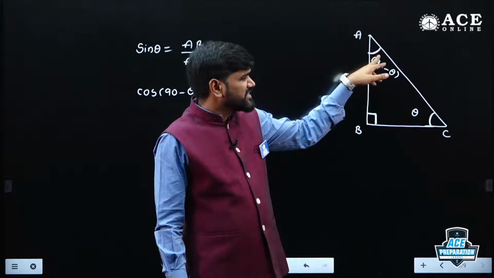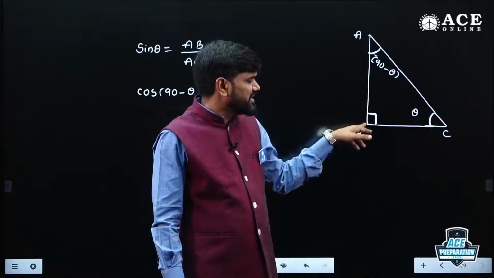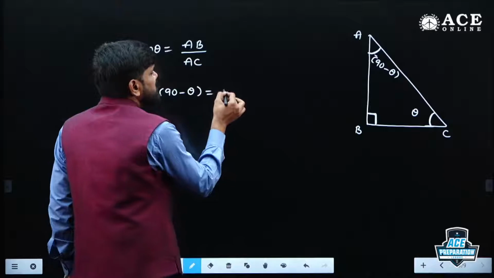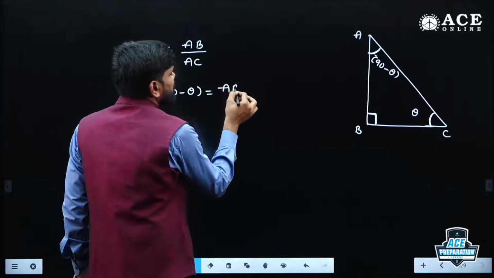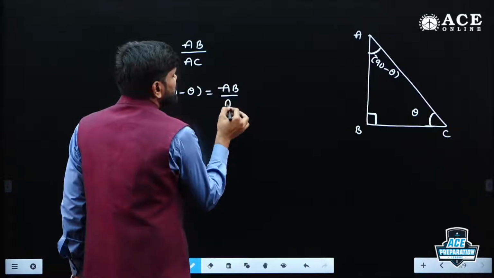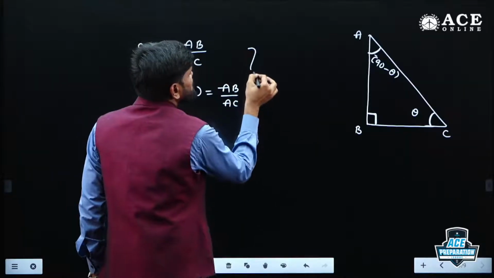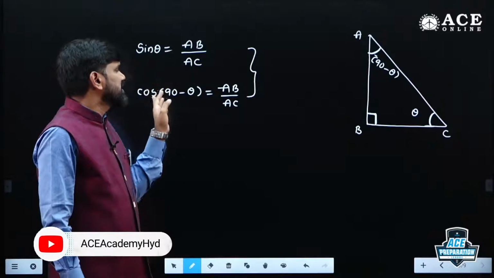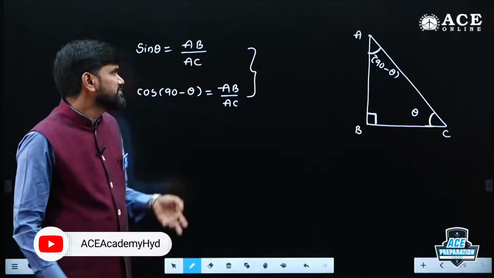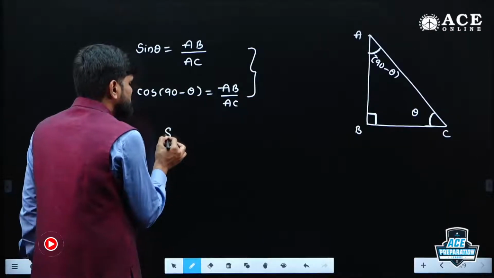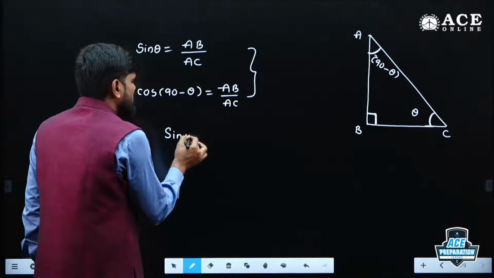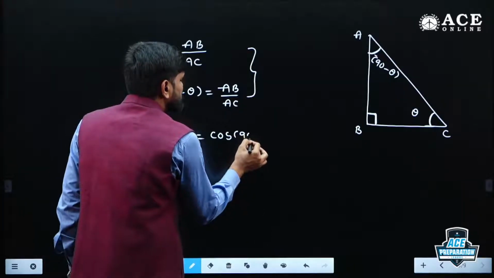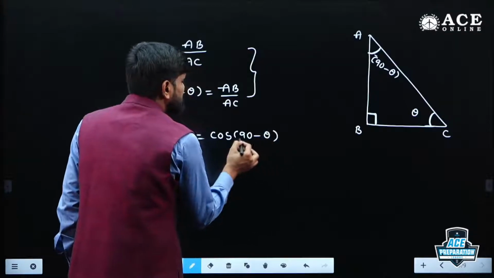For this angle, adjacent side is AB, hypotenuse is AC. So from these two, I can now say that sin theta equal to cos of 90 minus theta.